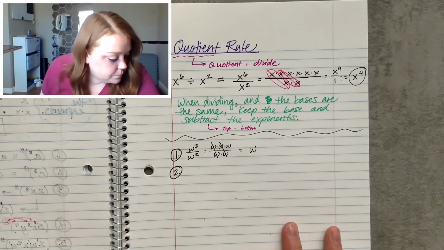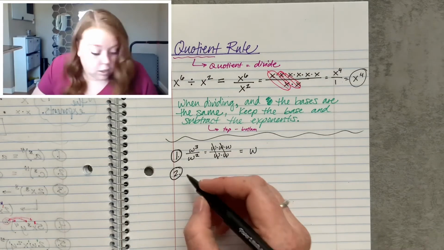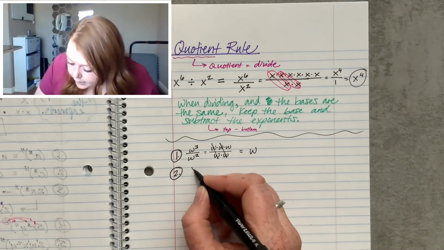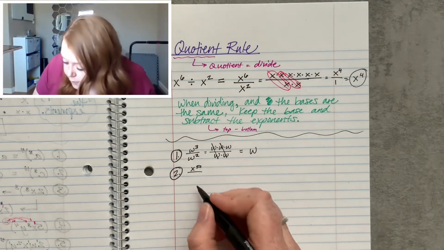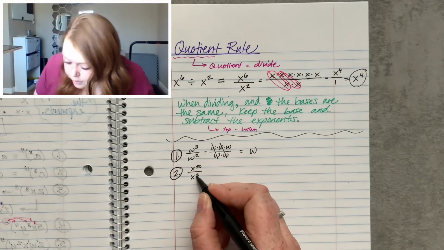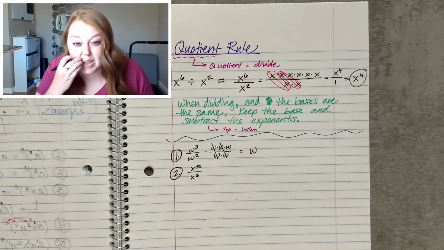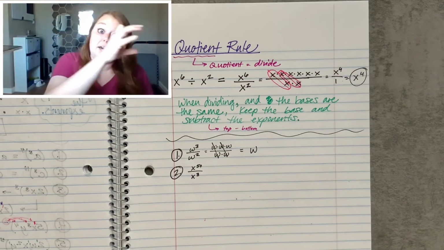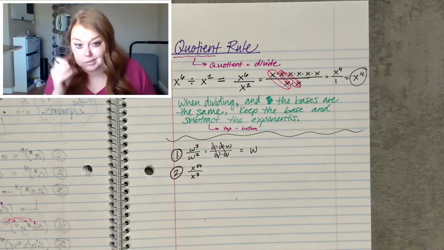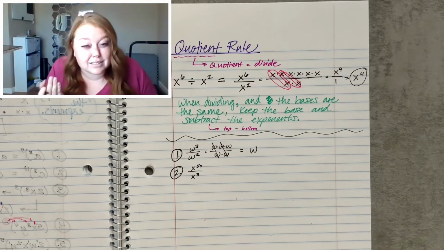Number 2, we have x to the 50th power divided by x to the 3rd power. This is one where you most definitely wouldn't want to do 50 x's and then 3 x's and cancel out. You can visualize it though.